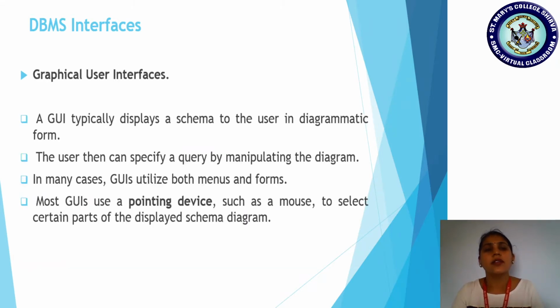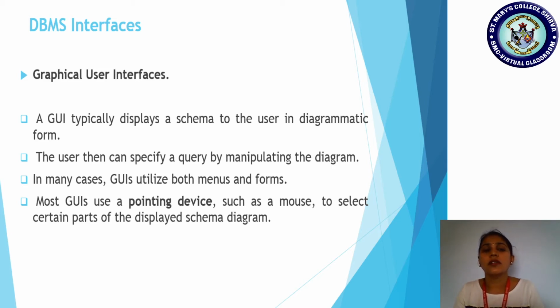Okay, now the next category, graphical user interfaces. So GUI, the short form, typically displays a schema to the user in diagrammatic form. So the representation of the information or the schema, that is the conceptual level we have discussed.